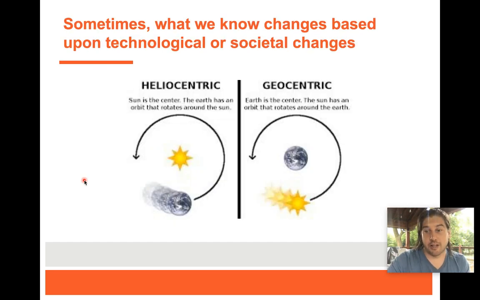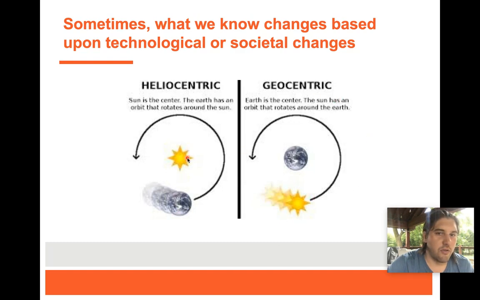Again, another classic example of why we don't want to use the word prove in science very often is because what we think changes, and we update and we correct misinformation from the past. So we used to think that the earth is the center of the solar system or the universe, and that the earth was stationary and the sun rotated around us, right?